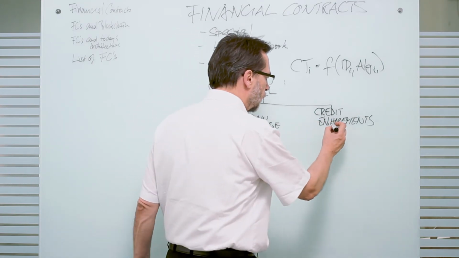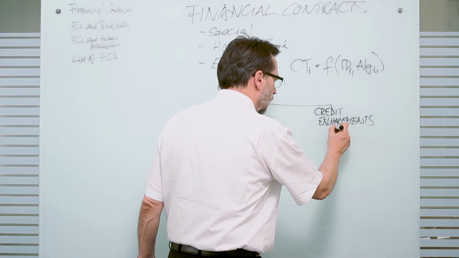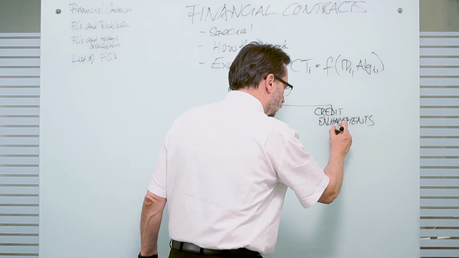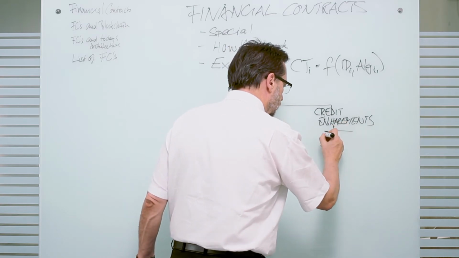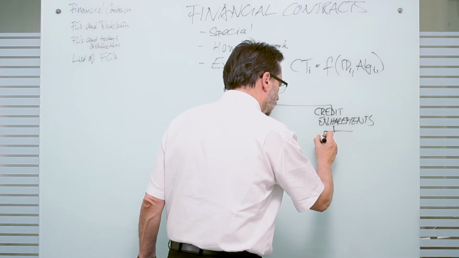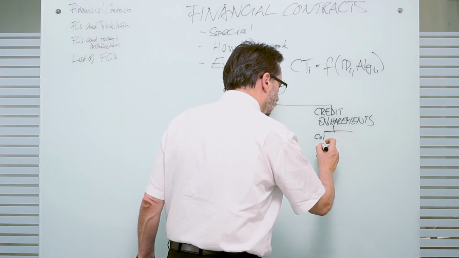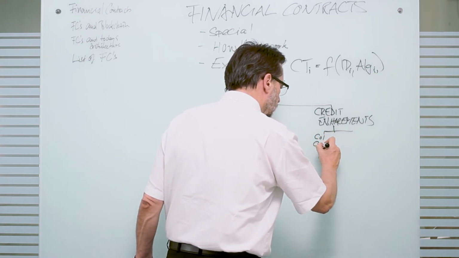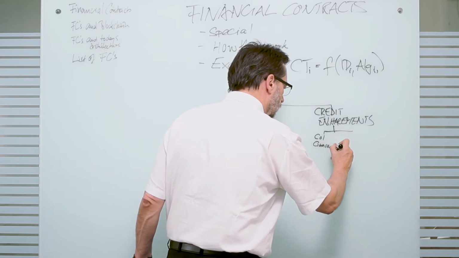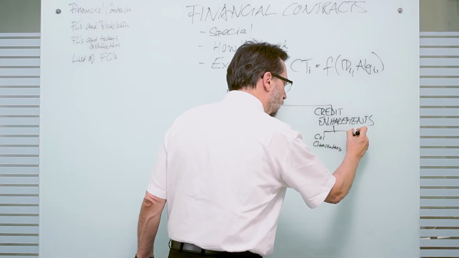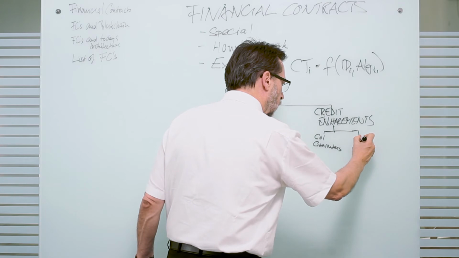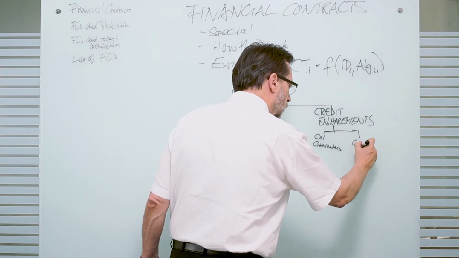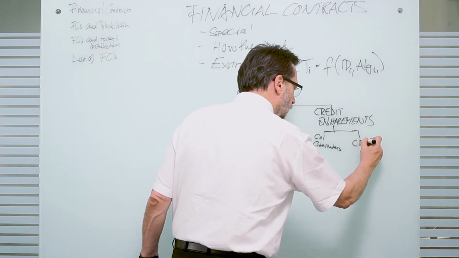So here we have them basically, first of all, the basic ones are collaterals and guarantees. And then we have the more advanced, like CDOs, etc.